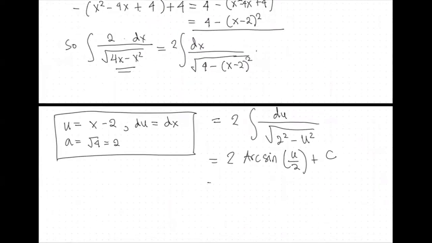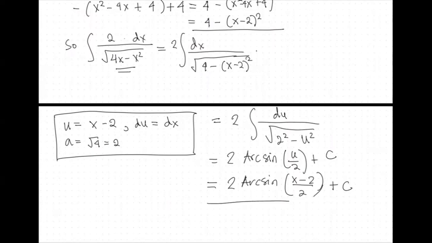And lastly, we write what u is. So 2 arc sine of x minus 2 over 2 plus the constant c. Any questions so far? So this is the technique of completing the square.